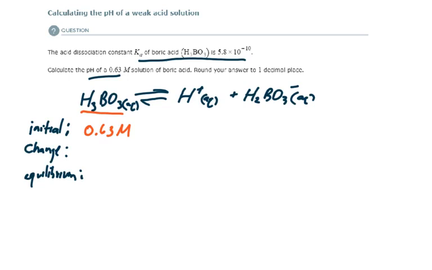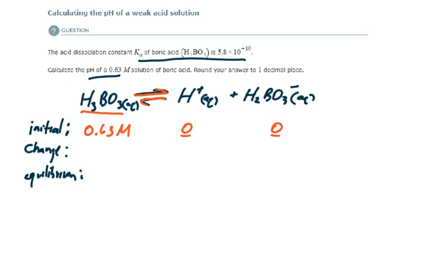The initial concentrations of the other two would be 0 and 0 initially. But we know that this reaction is going to go forward to some degree. It's also going to go the reverse, but it will reach and establish an equilibrium. So at equilibrium, these concentrations will not be 0, but initially they are.